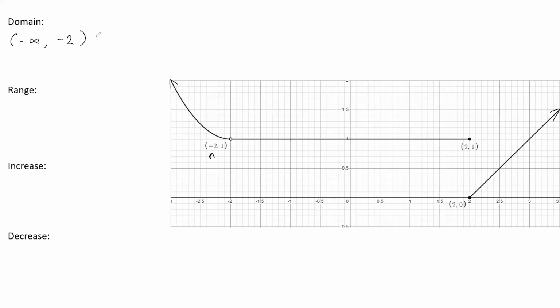Now we're going to do a union. Let's look at what happens after this point. We keep going, and everything's defined here. At this point, 2, everything's still defined. We just make this jump, but there's no gap. We're not missing any x values.